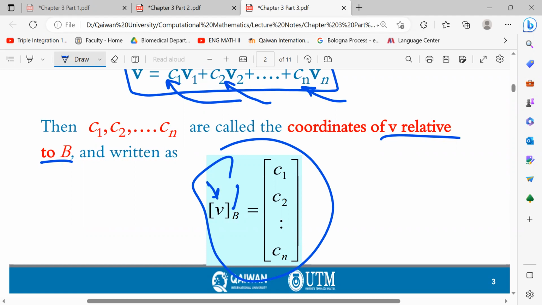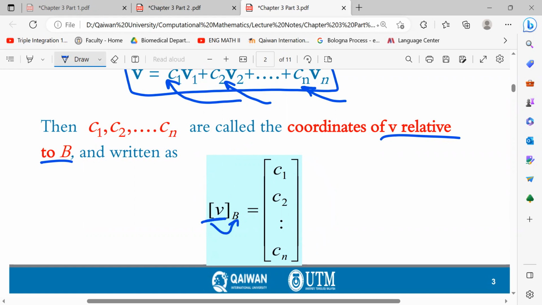This means the coordinates of v relative to B.